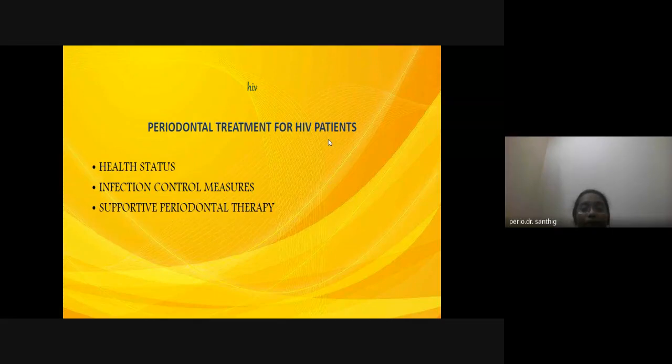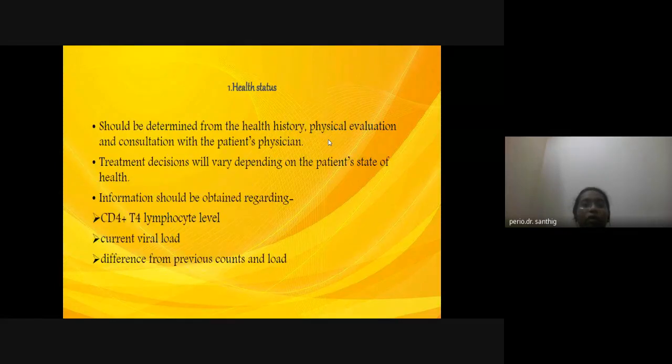In HIV patients, if you're treating a patient with HIV, then you have to see the health status of the patient. You have to definitely follow the infection control measures, and you should also render supportive periodontal therapy for those patients.